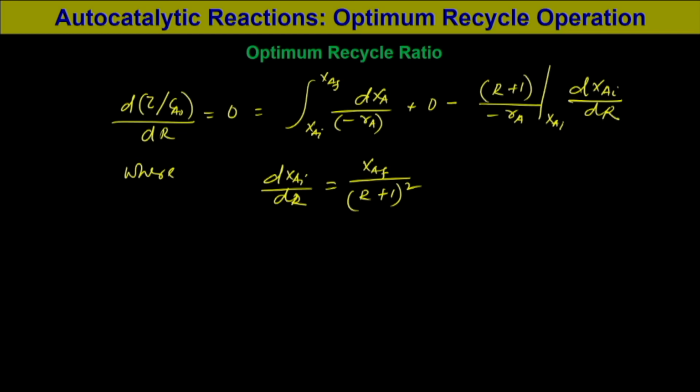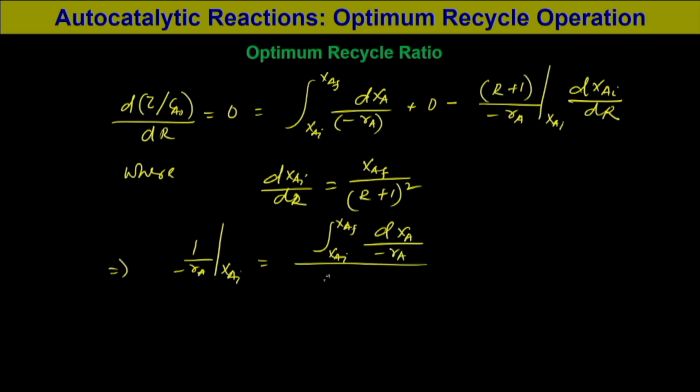If we combine and rearrange this relation, we obtain 1 by minus rA at XAi equal to the integral from XAi to XAf of dXA by minus rA, divided by XAf minus XAi.